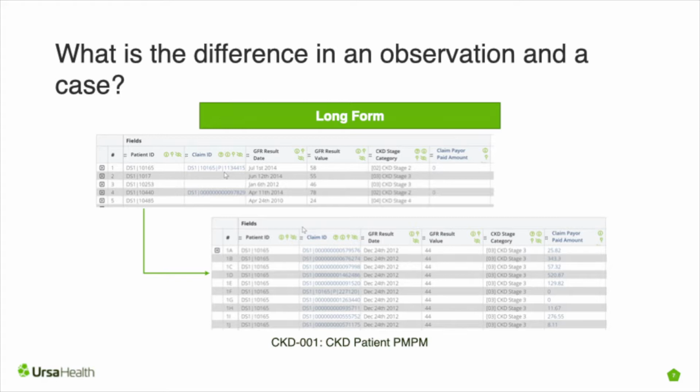A PM-PM measure is a great example of the long form component class. In this case, the denominator observation is a month during which a member can have more than one claim record documented. A member may have 10 claims in January. So, during the January reporting segment, there would be a many to one relationship between the member and the number of claims associated with the member.